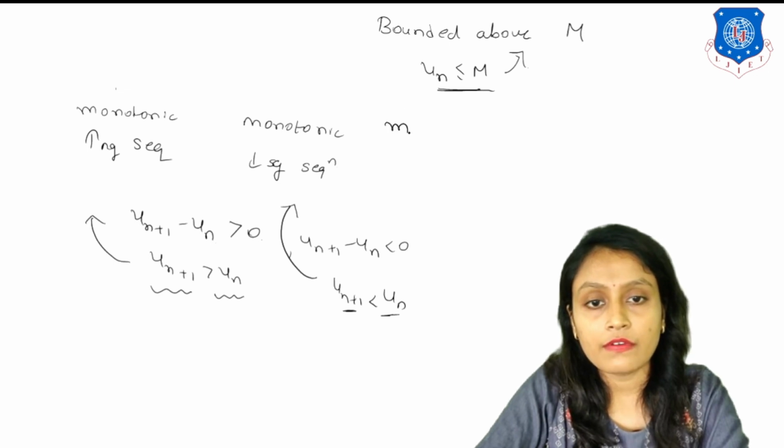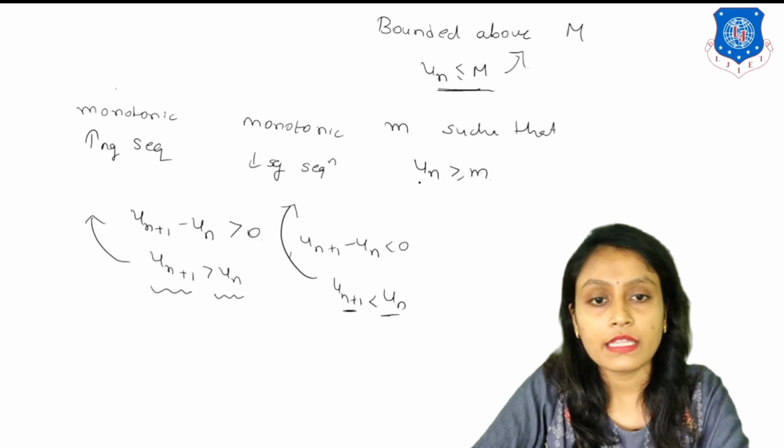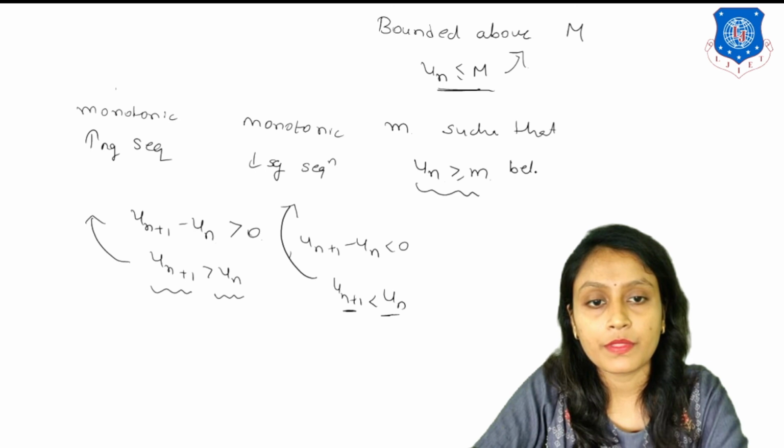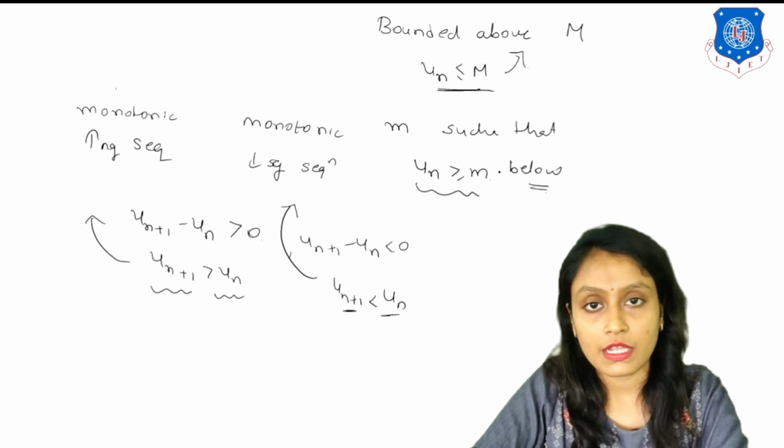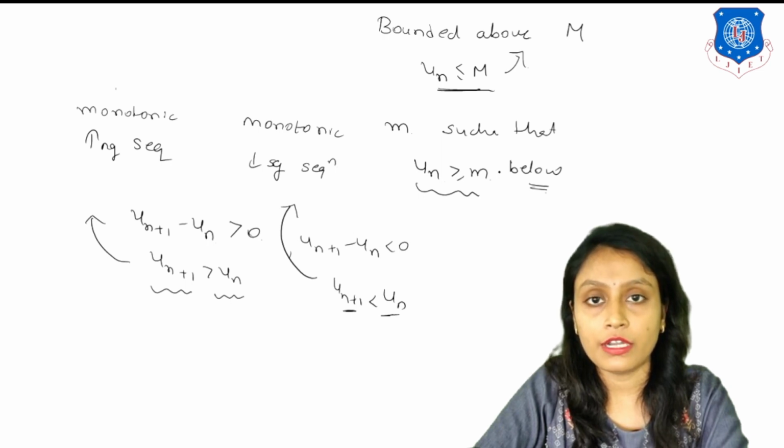Or if we have small m such that all the terms of un are greater or equal to this m, then we can say that the sequence is bounded below, right? And if the sequence is bounded above and bounded below, then such sequence is bounded sequence. And if the sequence is bounded and it is monotonic, then the sequence will be convergent.